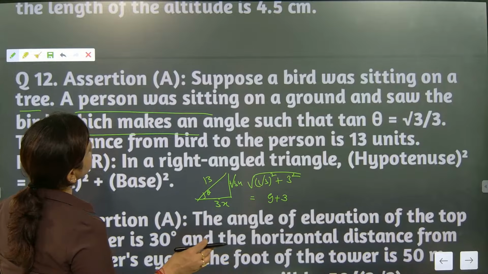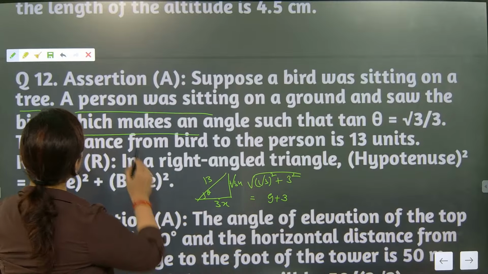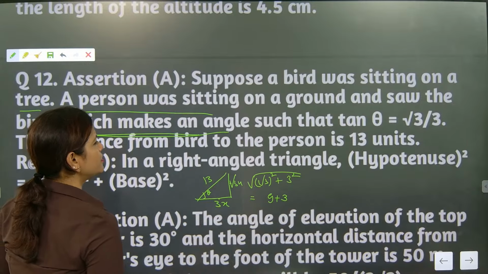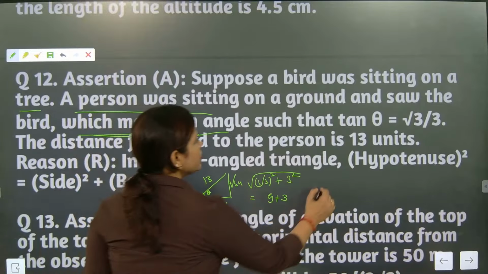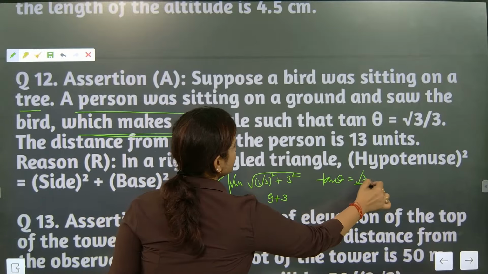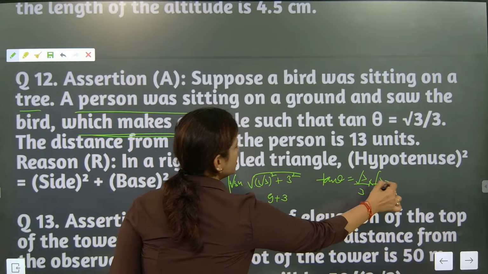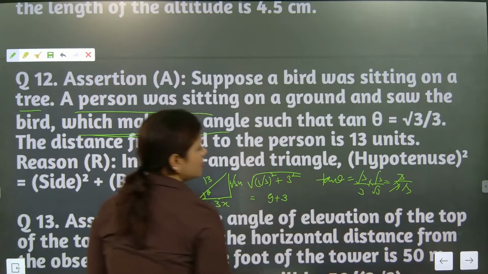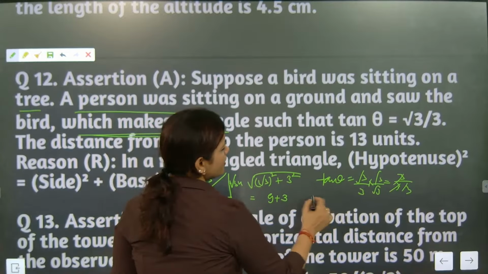Sitting on a tree, the person was sitting on the ground and saw the bird, which makes an angle such that tan theta is equal to root 3 by 3. We can do it like this also. Root 3 by 3, where we will write root 3 root 3, will become 3 by 3 root 3. Definitely the angle is coming now. So here it is coming 1 by root 3.